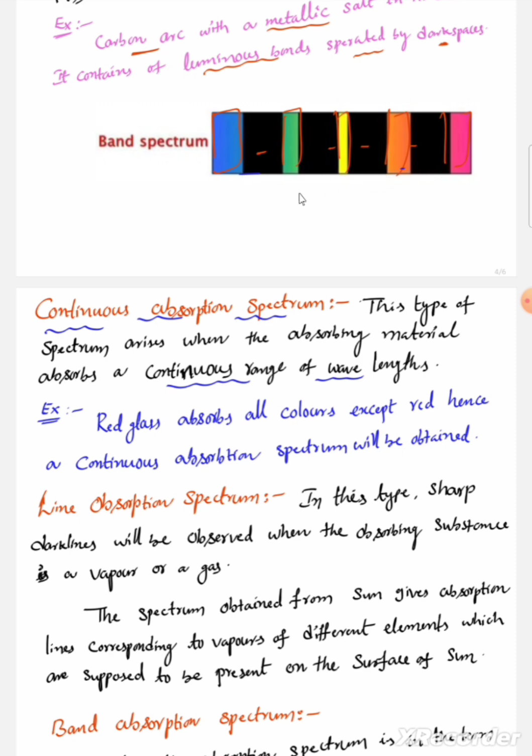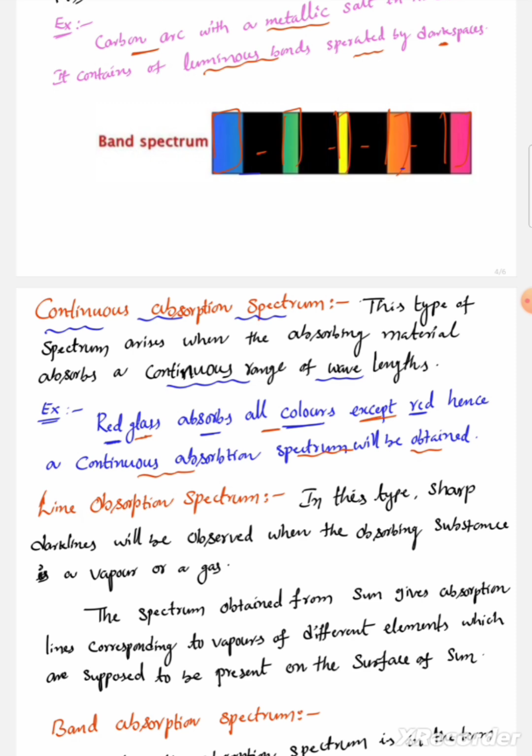For example, red glass absorbs all colors except red. Since the red glass absorbs all colors except red, a continuous absorption spectrum will be obtained.